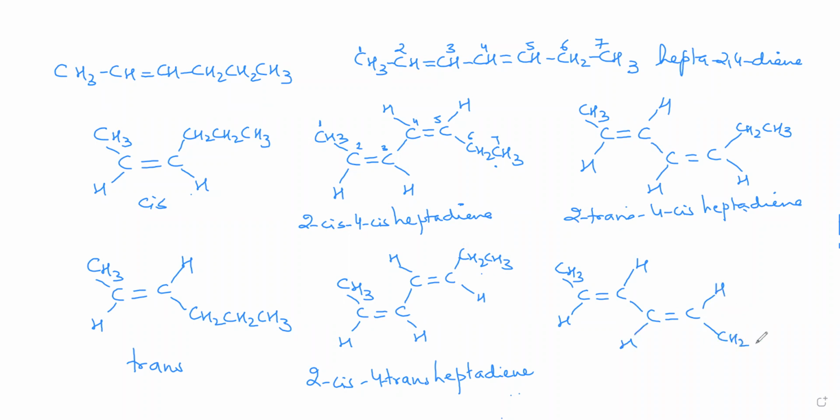Both of them are trans. Configuration here now, both the double bonds have what configuration? Trans. Yes. Okay. So this will be 2-trans, 4-trans, heptadiene. So these are the 4 configurations of the molecule.